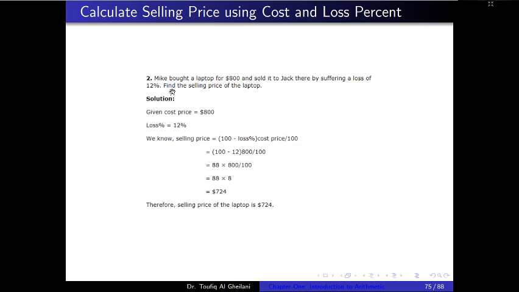Here is another example. Mike bought a laptop for $800 and sold it to Jack, thereby suffering a loss of 12%. Find the selling price of the laptop. Given the cost price $800 and loss percent 12%, the selling price will be (100 minus 12) times the cost price 800 over 100, as in the formula.